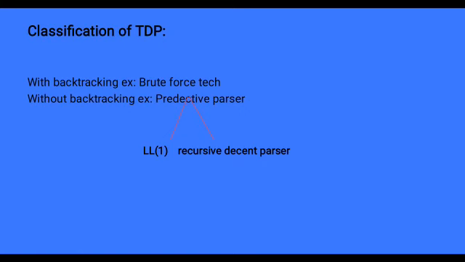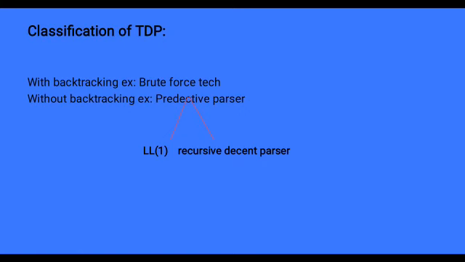Again, this predictive parser is divided into 2 parts, that is LL1 and recursive descent parser. If you have seen all this, the classification of TDP includes the recursive descent parser.